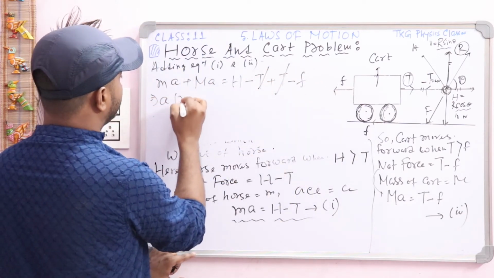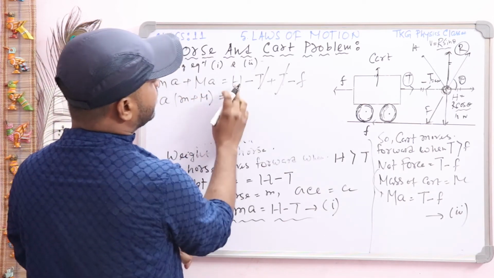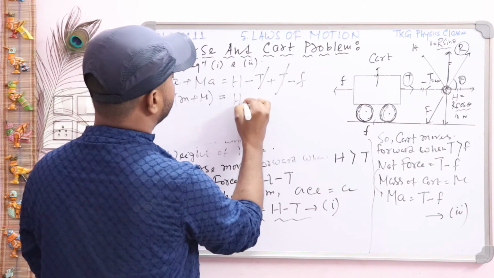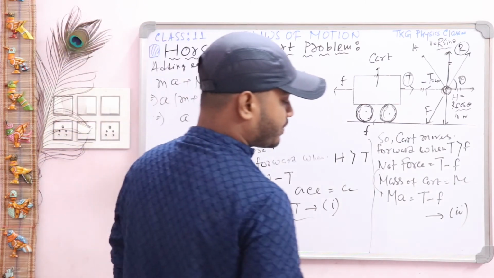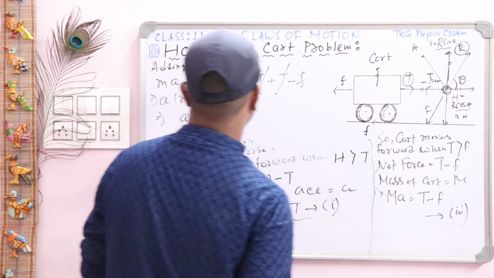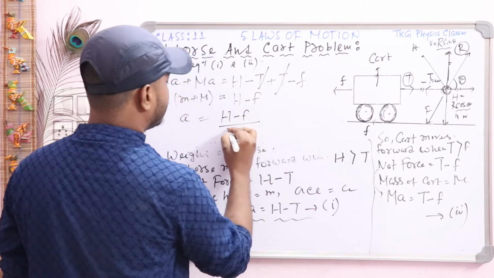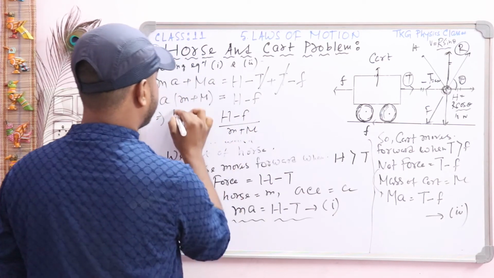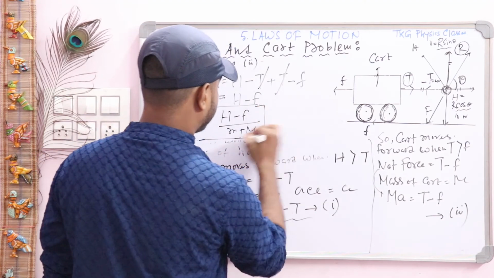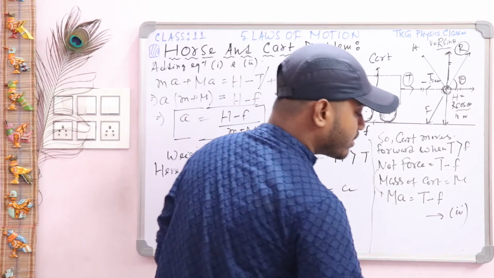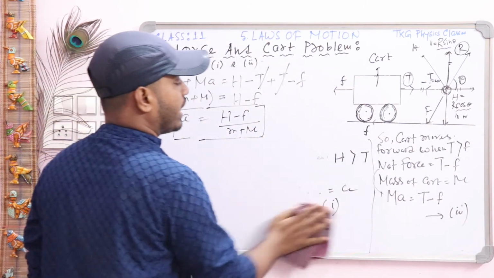So a common, small m plus capital M, that is equal to H minus F. So from here a is equal to H minus F divided by small m plus capital M. This is the formula for acceleration in which the system moves forward. So this is the general formula, and this is the value of acceleration a.